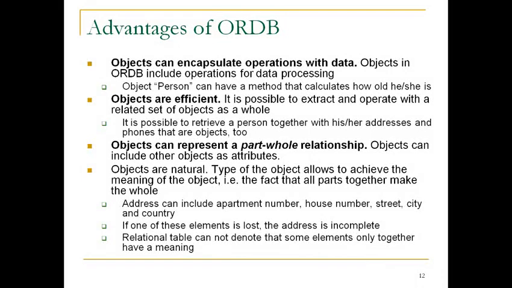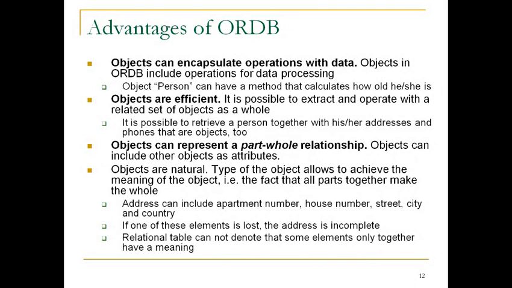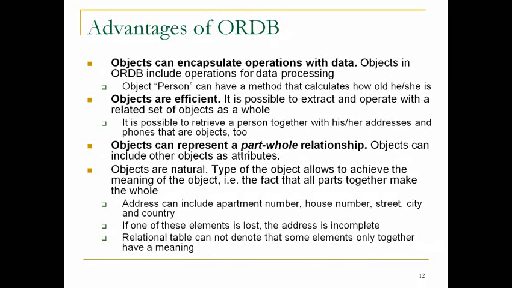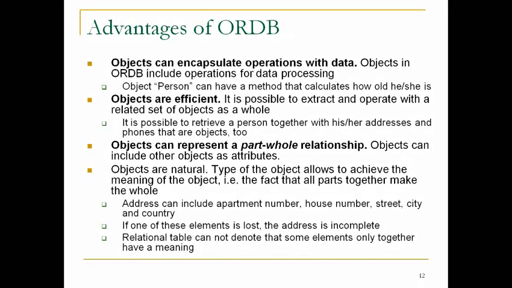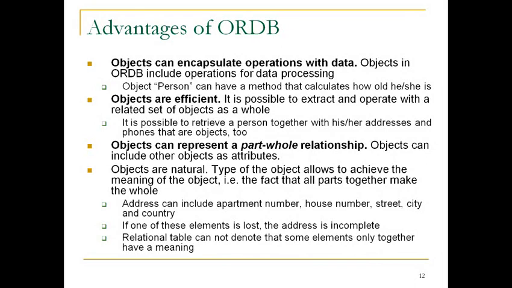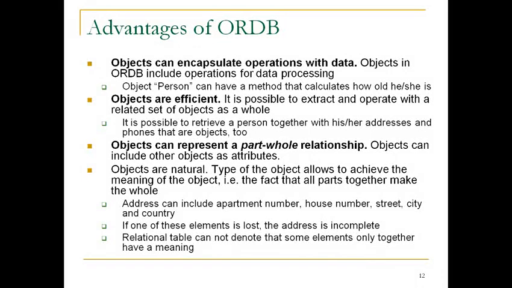And probably the biggest advantage is that objects can represent this part-of relationship, that one object can contain other objects as its parts. And here again is this example about address, that they are natural because both in programming and in our everyday life we have such things that only together make some meaning.